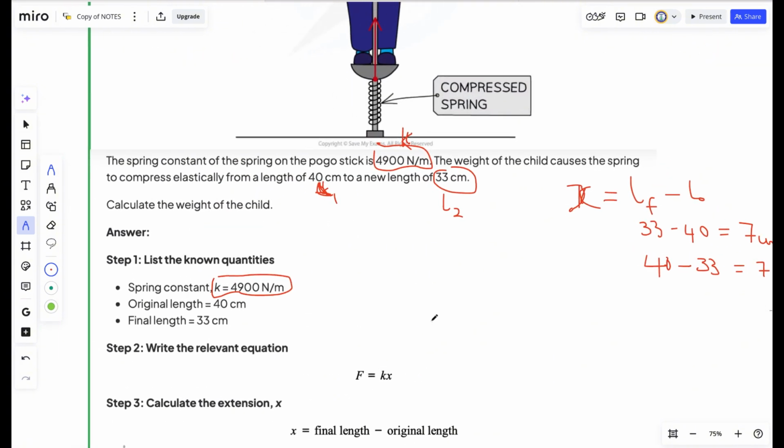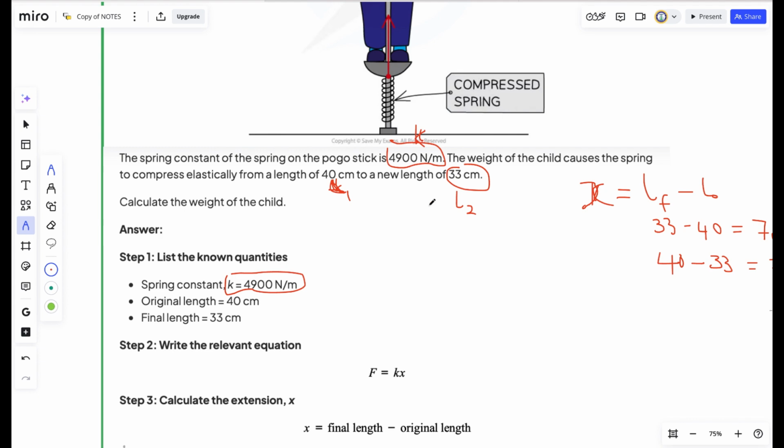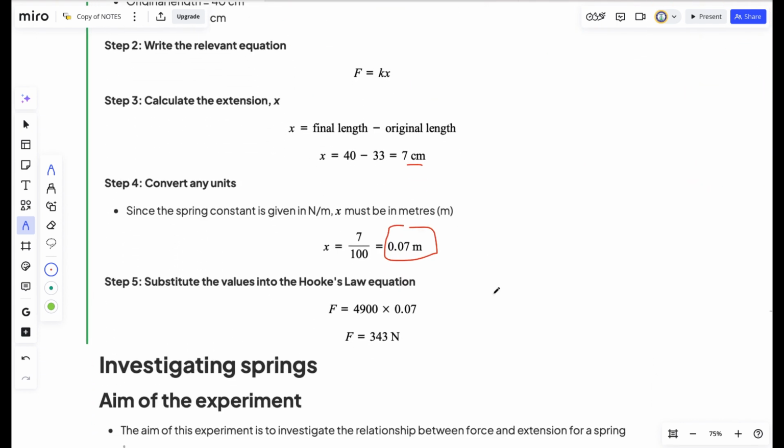The question says we should calculate the force. They asked, what is the weight? You know weight is the force, the weight of the child. So remember, F is equal to Kx, where x is the extension and K is the spring constant.